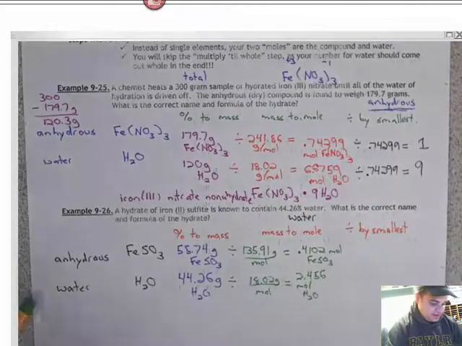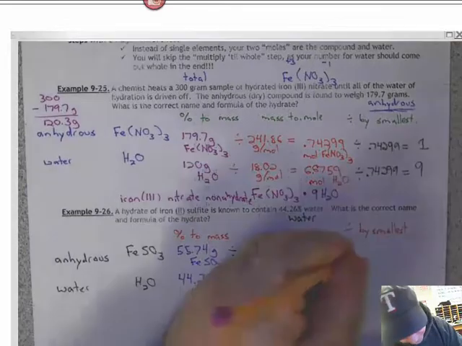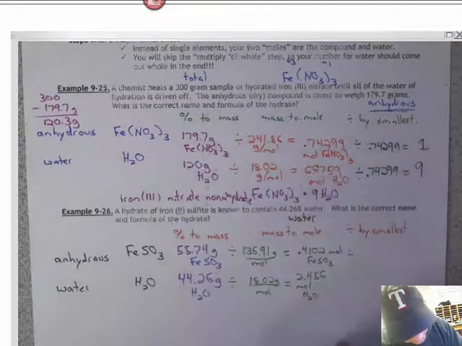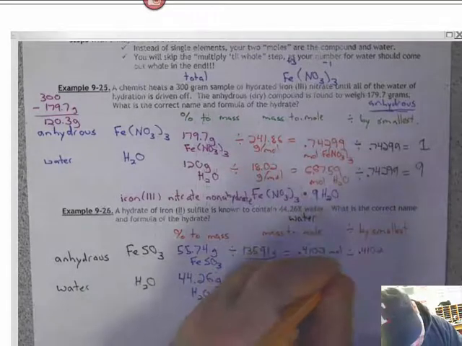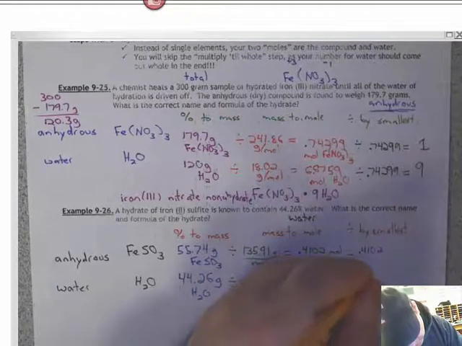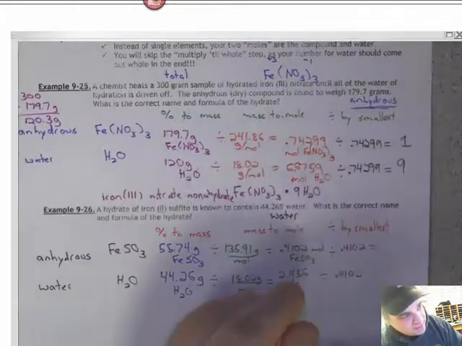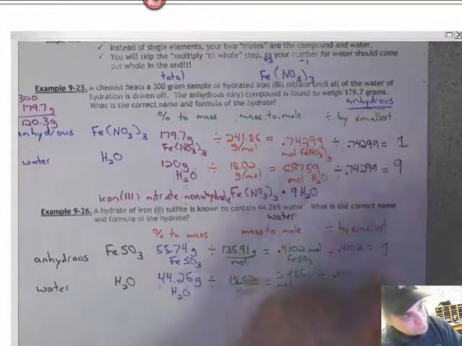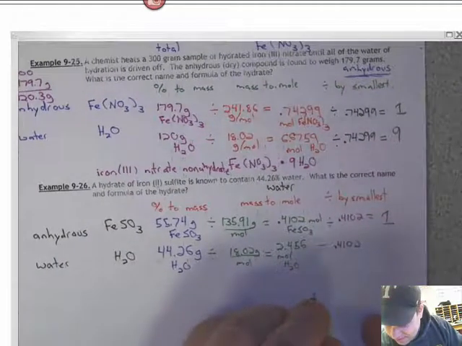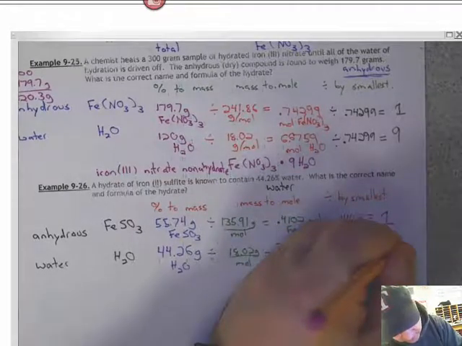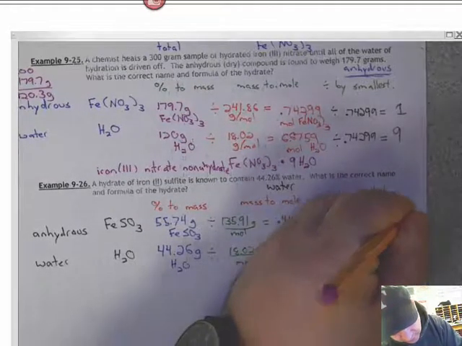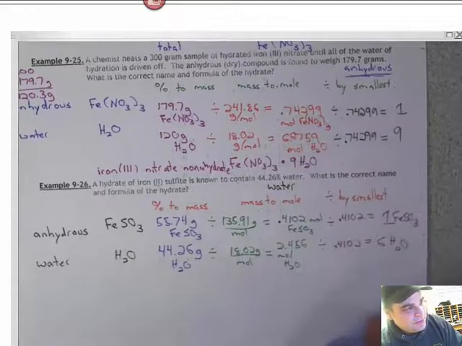We end up dividing by the smallest here, which is 4.102 divided by 4.102. This is 1. This is 6 when you do it. So there's going to be 6 waters and 1 iron sulfite.